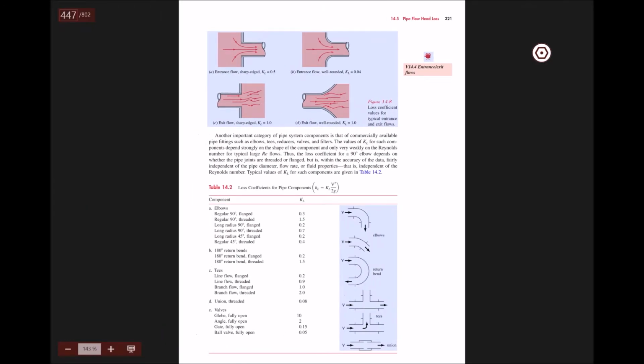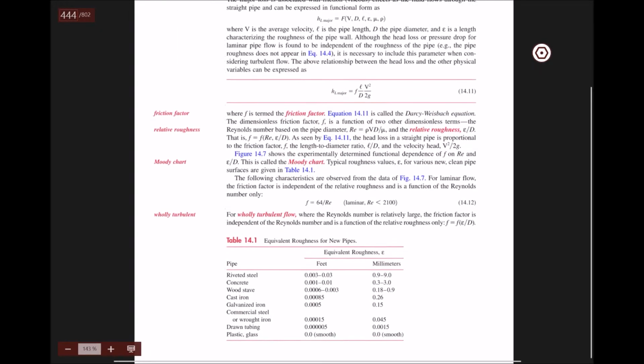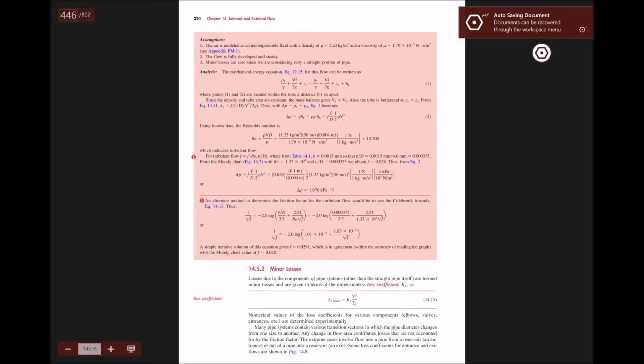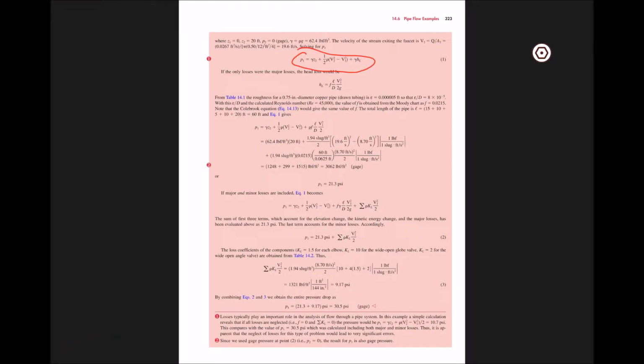Looking at table 14.1, drawn tubing, it tells us that the equivalent roughness is 0.00005. We know the diameter, so equivalent roughness divided by the diameter of the pipe. The diameter of the pipe is over here, 0.75 inches. It's going to give us 8 times 10 to the minus 5.